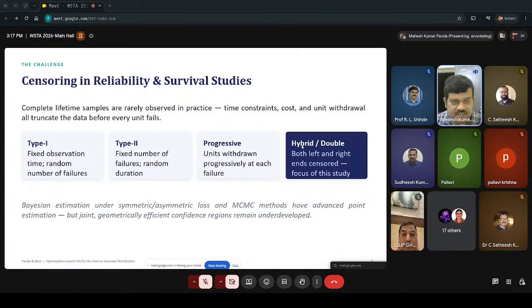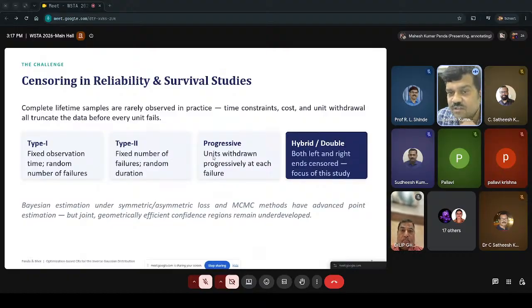So there are standard censoring schemes introduced in the literature. The first one is type 1 censoring, where the observation time is fixed and we have a random number of failures. In type 2 censoring, the duration is random, however the number of failures is fixed.